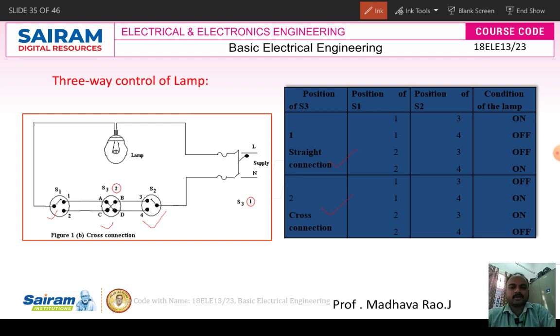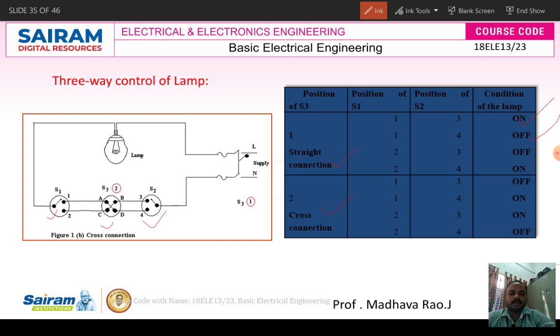So this is about the switches. Now coming to the truth table. When switch 3 is in straight connection, switch 1 is in position 1 and switch 2 is in position 3, the lamp will be on. When switch 2 moves from position 3 to 4, the lamp will be off.